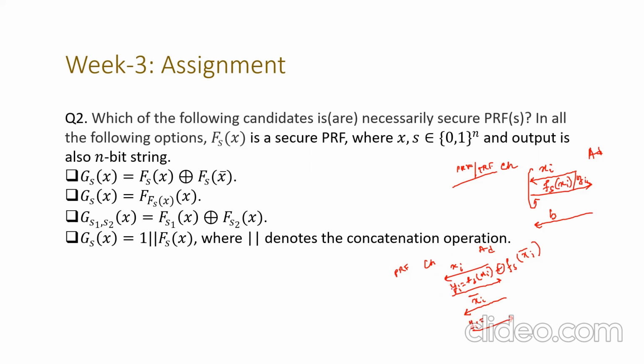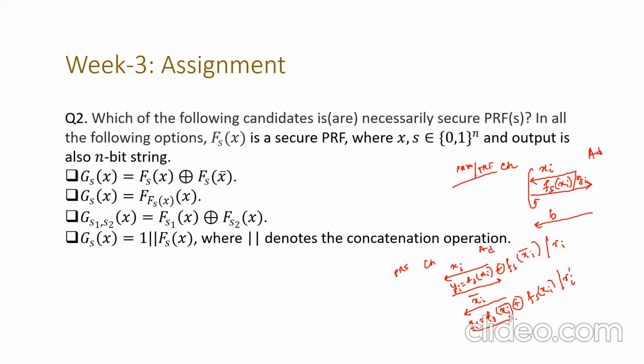In the first case, yi can be of this form, or it can be any random thing. And in the second case also, if the challenger uses the PRF to generate the output, then it will have this form xi double bar, that is xi itself, or it will be some ri dash, another truly random output.